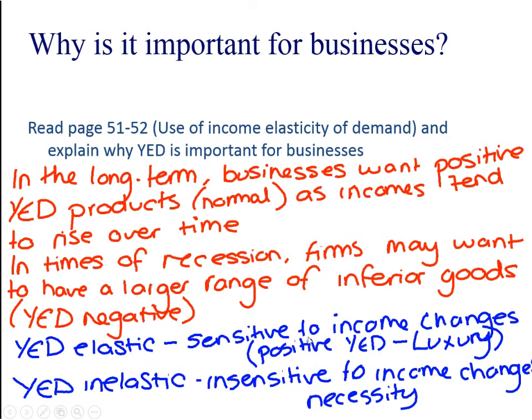So if you've got a positive YED, so it's a normal good, it's probably a luxury product. So as your income increases, it produces a greater change in the quantity demanded. But if your income decreases, you can cut that product out as a luxury. Whereas if YED is inelastic, it probably means it's a necessity. So no matter how much my income increases or decreases, there's certain things I'm always going to need.